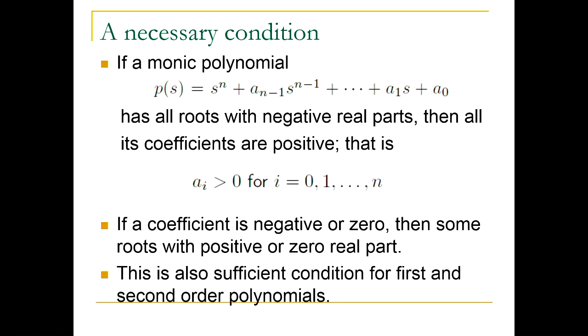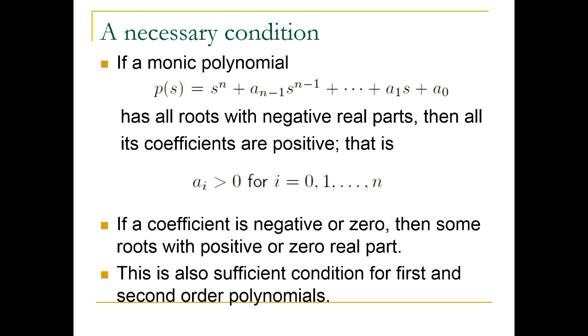So you can reach a negative conclusion, but you cannot reach a positive conclusion. You can use this test to quickly check whether the system is not stable, but you cannot conclude whether the system is stable. Why? Because the system may have all coefficients strictly positive and still not be stable.